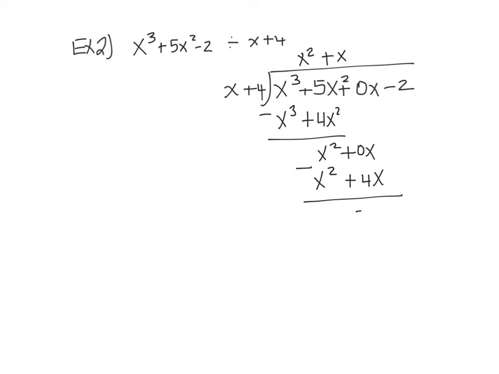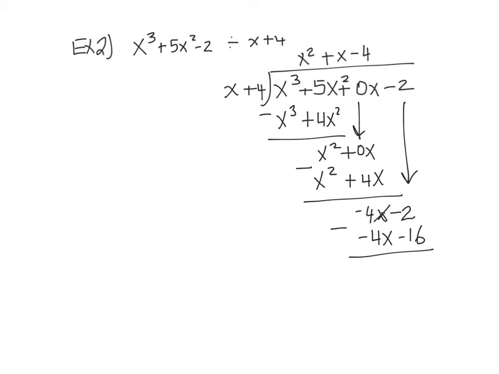So this will be negative 4x. Then I'm going to bring the negative 2 down. So then what do I get here? So I multiply by negative 4. So this will be negative 4x. And this will be negative 16. So when I subtract, the x is gone.